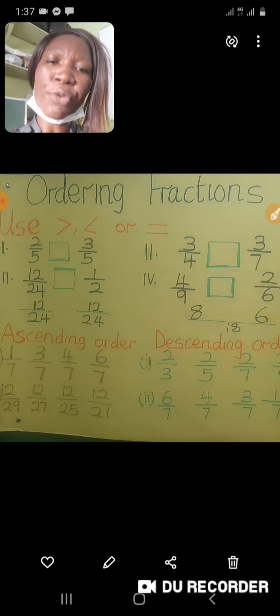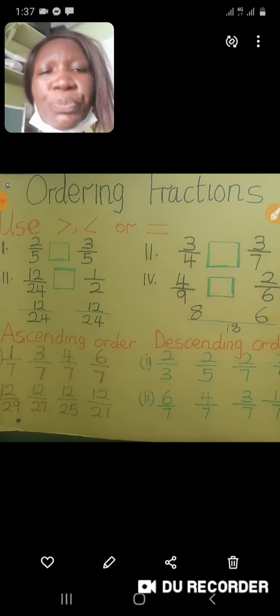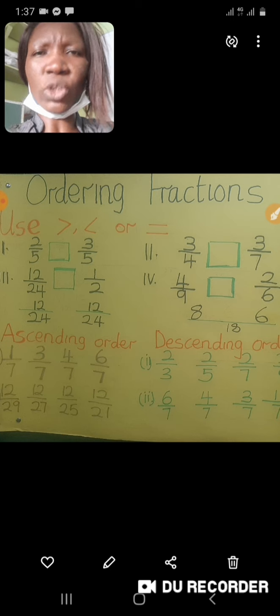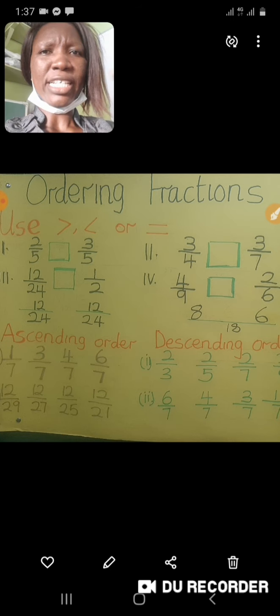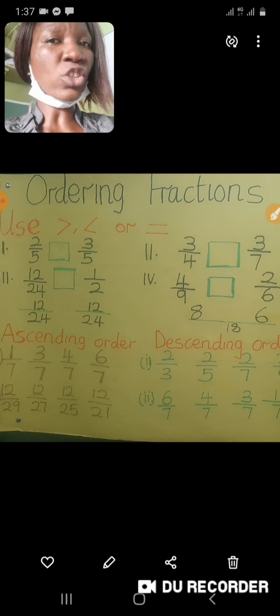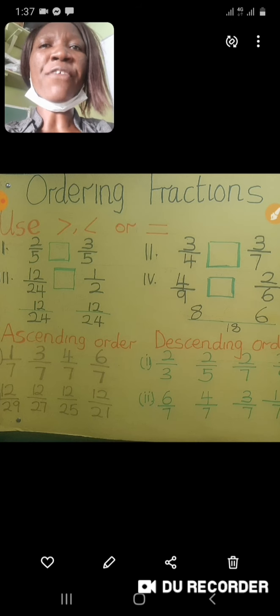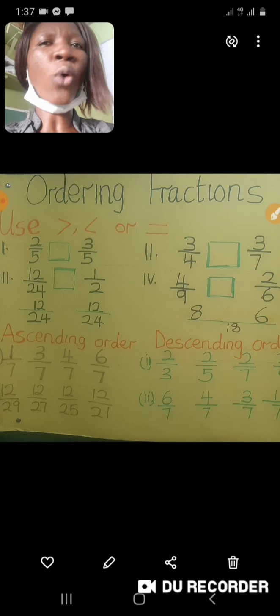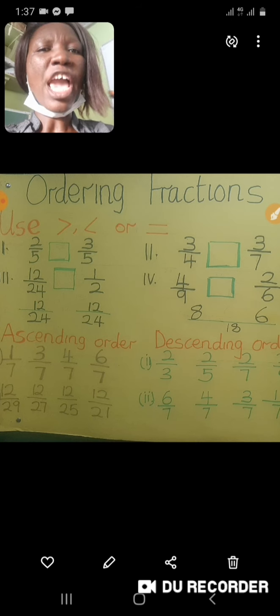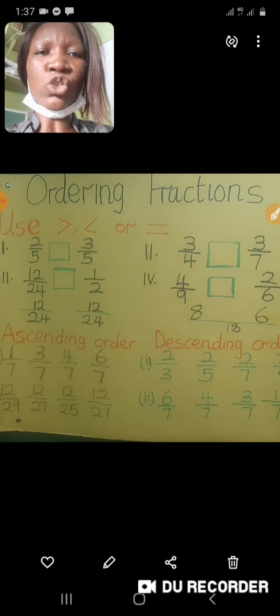Now, the second rule. Do you know numerator? The upper part of the fraction. Whenever the numerators are all the same, what happens?